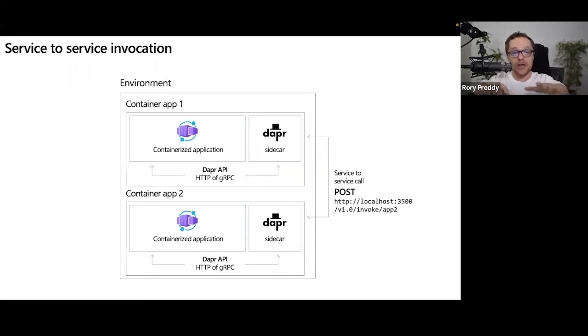In this case, we've got service-to-service invocation. Container app 1 wants to talk to container app 2, and it knows where to talk to it because it has a URL, and even a version, that can speak to it.